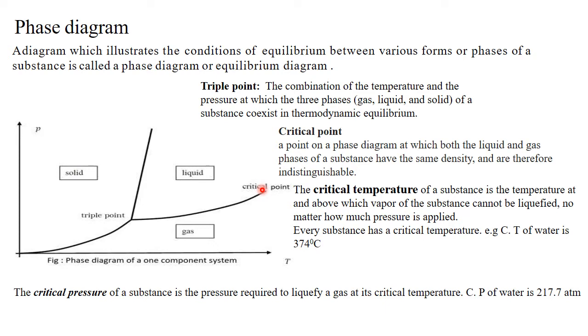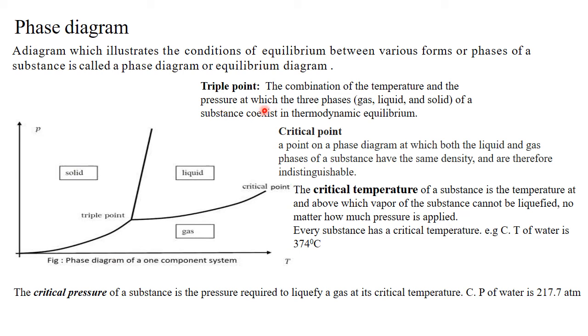Every substance has its own critical temperature, e.g., the critical temperature of water is 374 degree centigrade. Critical pressure of a substance is the pressure required to liquefy a gas at its critical temperature. The critical pressure of water is 217.7 atmospheric pressure.